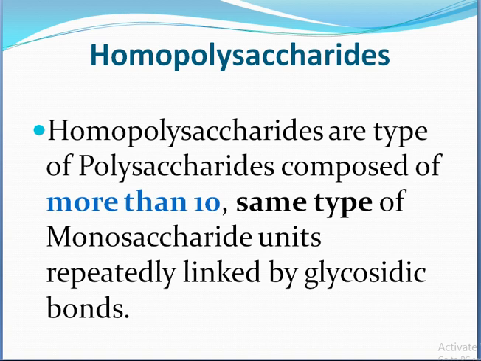In the homopolysaccharides, on hydrolysis, only a single type of monosaccharide is united together. They are named based on the nature of the monosaccharides. Thus, glucans are polymers of glucose, whereas fructosans are polymers of fructose.